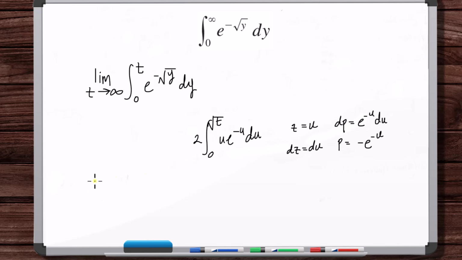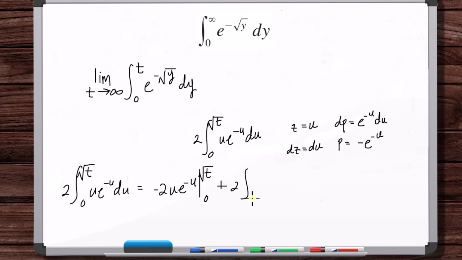So z times p, but let's include the 2 here: minus 2u e to the minus u evaluated from 0 to root t, minus the integral of p dz. So plus, and we bring the 2, the integral from 0 to root t. Okay, so this is going to be minus 2 e to the minus u evaluated from 0 to root t.